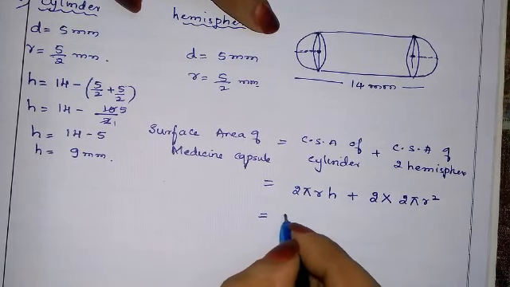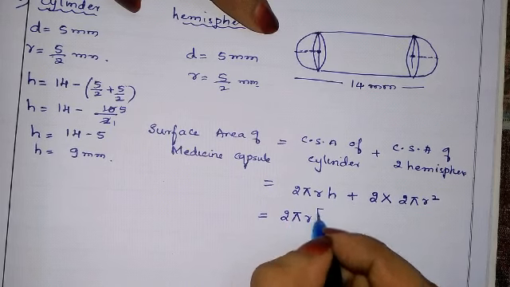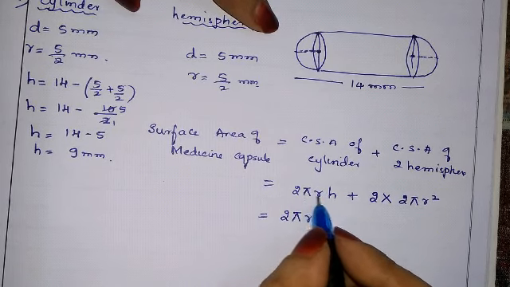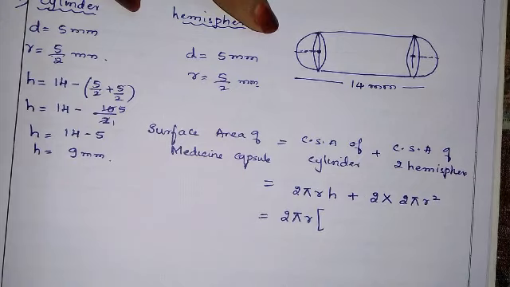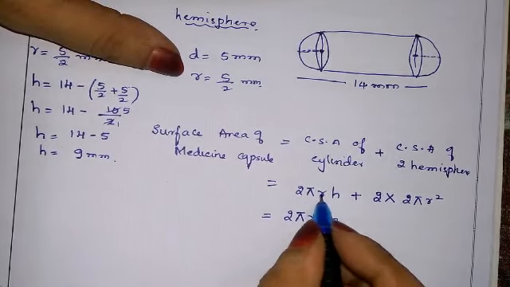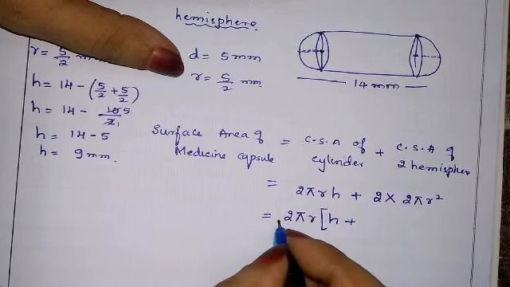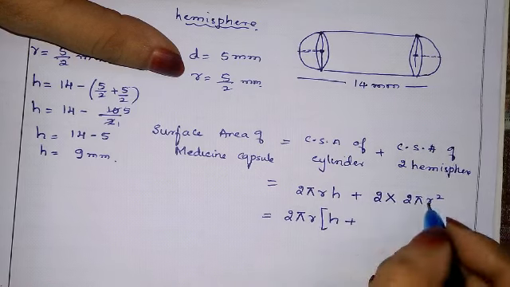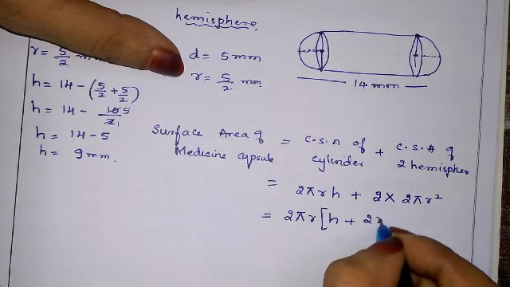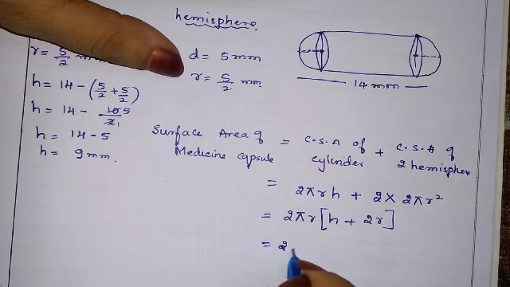So what is common? 2 is common. Pi is common. 1 R is common. So 2 pi R if we take, so H will be as it is because 2 pi R common plus 1 2 common, pi already common, 1 R will be common. So 1 2 and 1 R will be left out. Now 2 means 22 as it is.